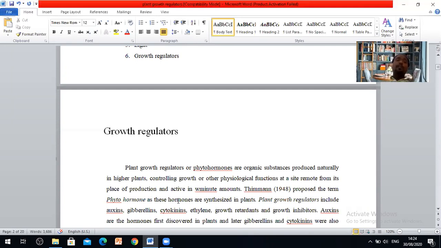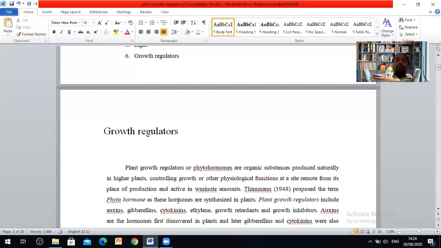Now, plant growth regulators, as we know, are the phytohormones. Physiologically, the functioning sites of these hormones are away from their synthesizing site.